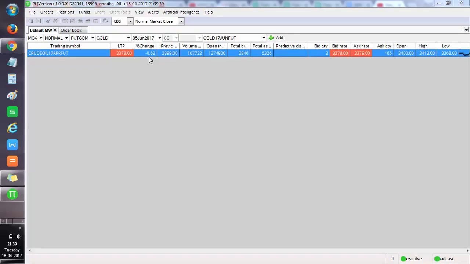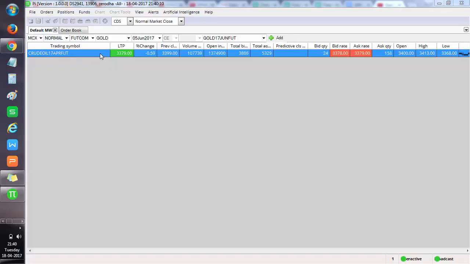And the second thing is, if you're doing a short sell at 3375 or 3380, as per this example of crude oil, and you're placing a stop loss, the stop loss that we place for an existing short selling order, we call it a buying stop loss, right?